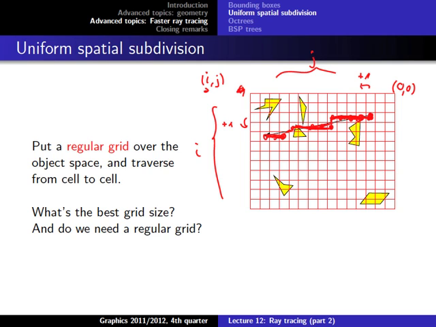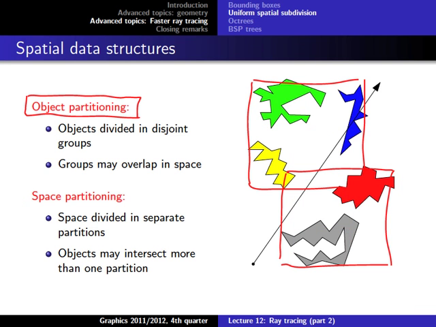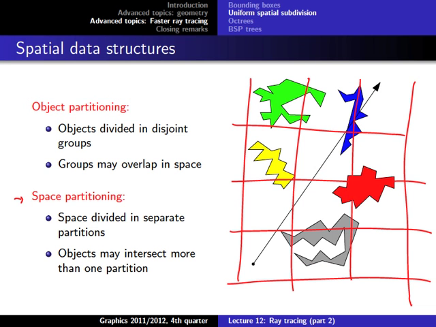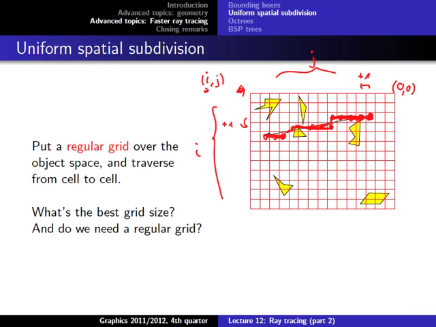There's one thing we have to be careful about when we do the actual intersection test in the cell, because objects may intersect with multiple cells. For example, if we have a cell like this and a ray like this, and we have an object here and another object here, then we first have an overlap here.